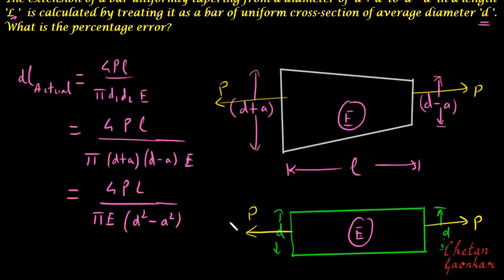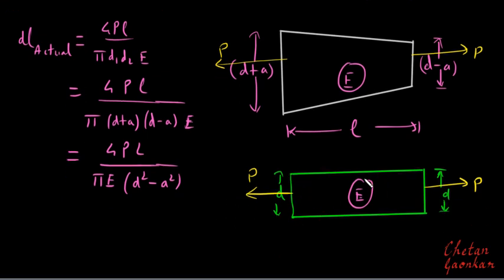Now let us see what if we had treated this bar as being of average diameter d. In that case, the deformation for the average diameter will be PL divided by pi by 4 times d square E, because d1 and d2 we are considering to be d and d.